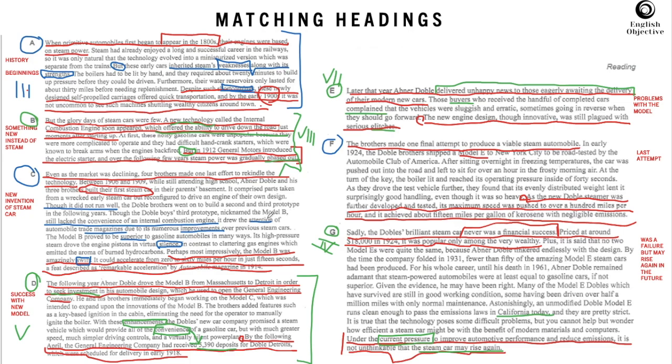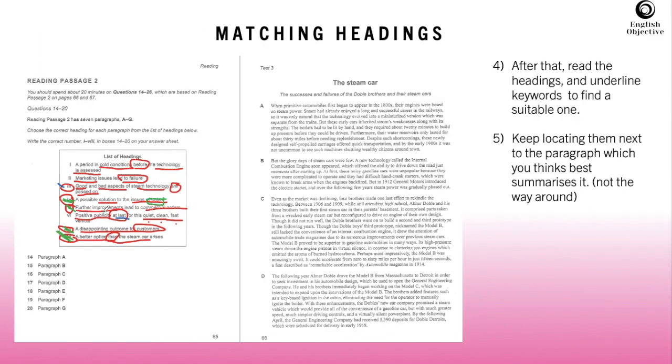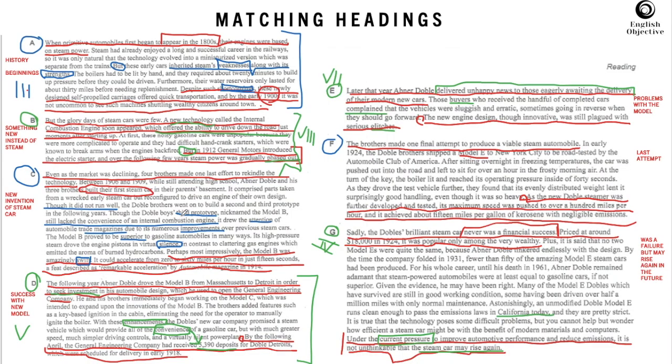The Doble boys' third prototype nickname. So it's in the third prototype, so at last, the magazines drew attention for its improvements. So this is about the positive publicity and the good positives. That is quiet, so virtual silence, and it's fast. Yeah, so that's swift. And also it says something about clean, but I think it's more of the aroma.